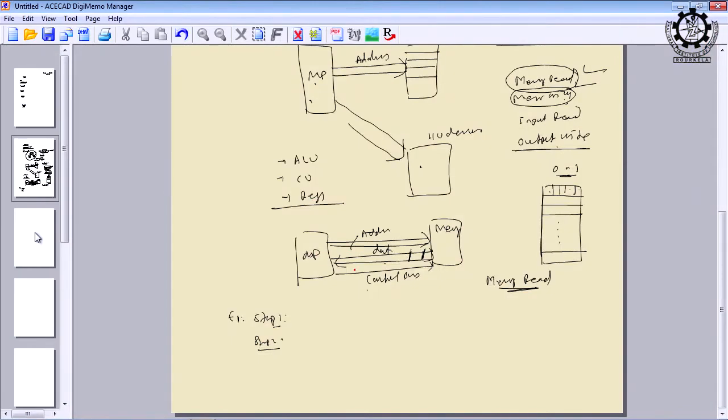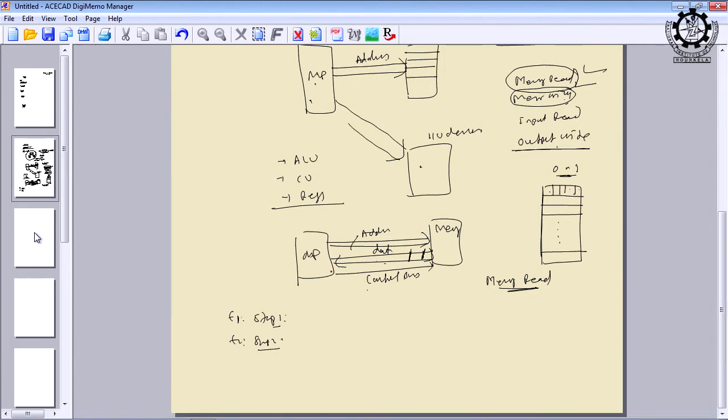One is that microprocessor sends the address using address bus to locate a particular location from where the data is to be read. That is step number 1, and assume that it is taking place at time t1. Then at time t2, microprocessor sends the control signal, in this case memory read, but we shall see that in some other operation the control signal may be changed, but the pattern remains same, right.